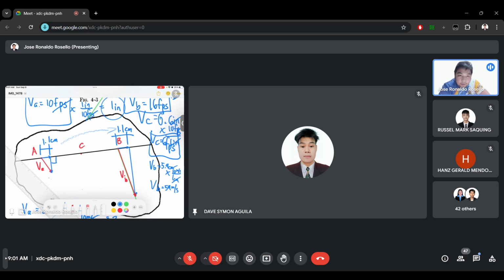So if they are collinear, we can make a proportionality. First, since they are along the line, I can also copy this 1.1 centimeter to point C. Again, I can do this because they are on the same line. So let's just copy 1.1 here.